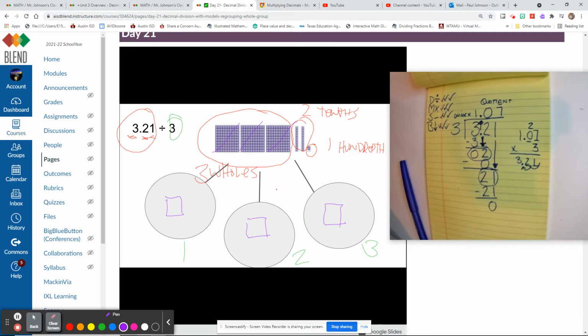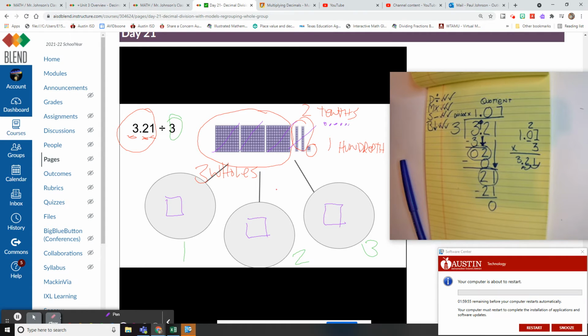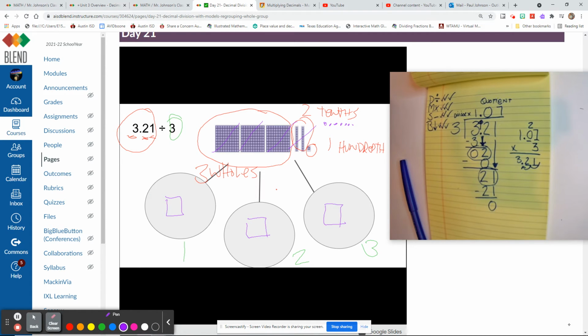So what we can do is regroup. So if we bust up those 2 tenths and make 20 hundredths instead, let's count that. 1, 2, 3, 4, 5, 6, 7, 8, 9, 10, 11, 12, 13, 14, 15, 16, 17, 18, 19, 20. All right, so now we have 21 hundredths.